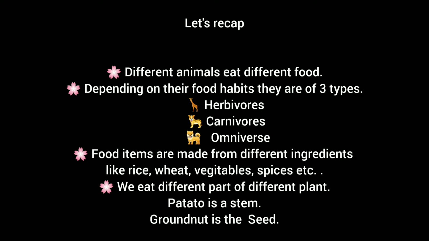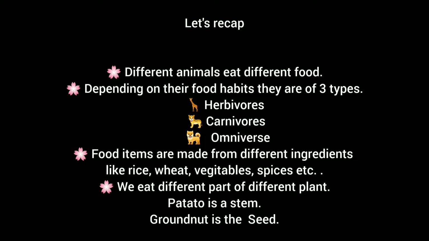In the previous class, we learned the first chapter of the 6th class NCERT book, Food, where does it come from? Different animals eat different food, and depending on their food habits, there are three types of animals on the earth. They are herbivore, carnivore and omnivore.